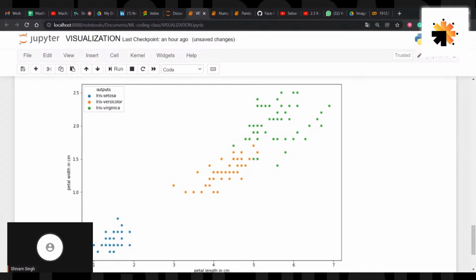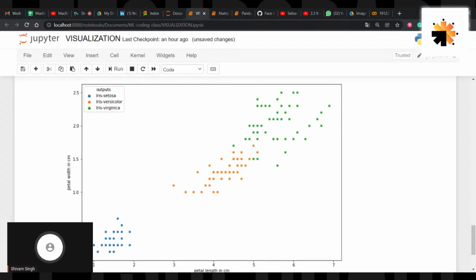Okay, now if you are able to see this scatter plot, these points which you are able to see, distinguished with blue, orange, and green color, are nothing but your data points. You have 150 data points or 150 examples in your data set.